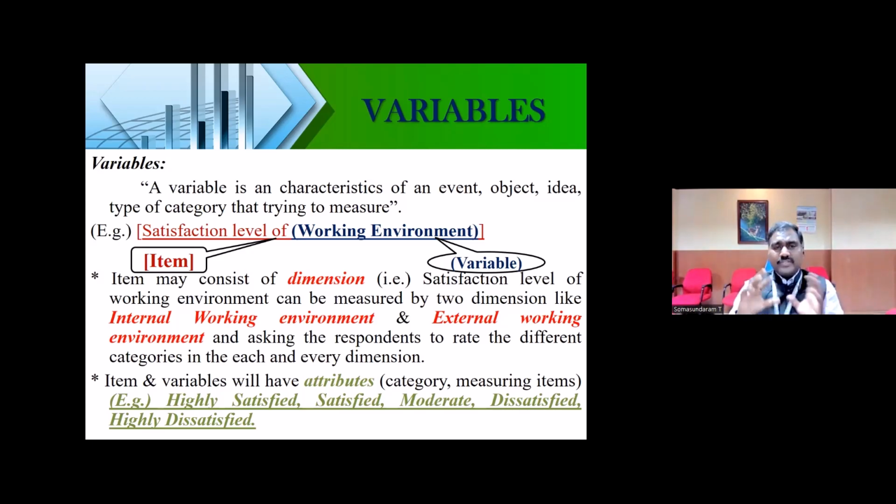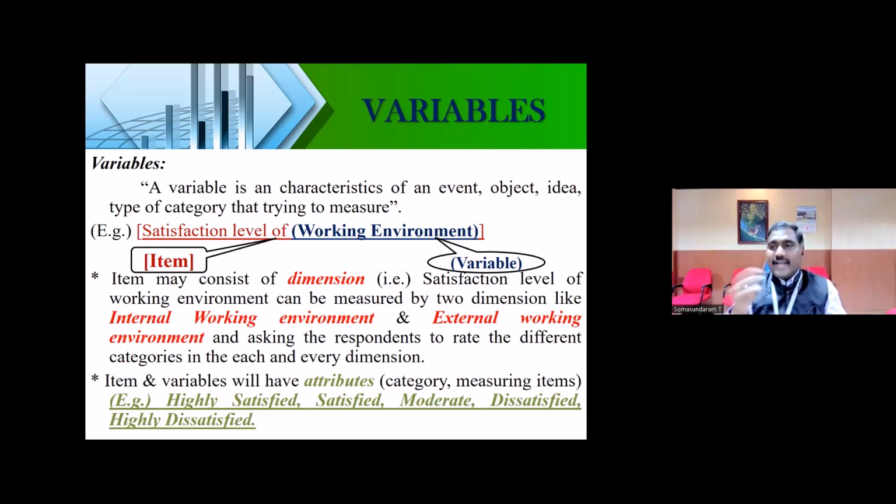In that case, which kind of working environment are you satisfied with? To measure that satisfaction, I measure it with a few categories: highly satisfied, satisfied, moderate, dissatisfied. So you need to analyze which variables you are using for your research work, right?